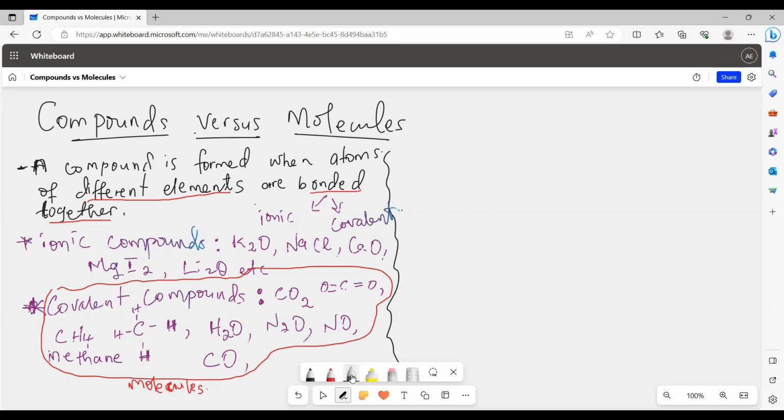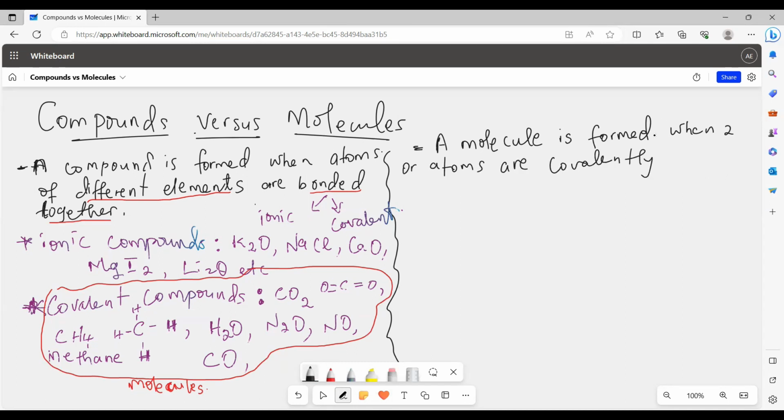Now your molecules, a molecule is formed when two or more atoms are covalently bonded to each other.